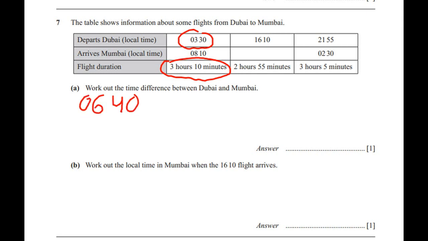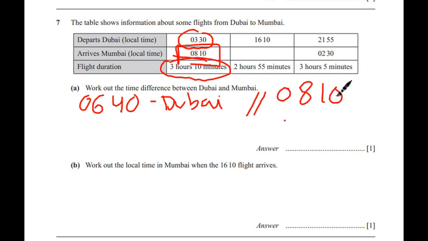So this is the local time in Dubai when the flight arrives at Mumbai. Now the time in Mumbai corresponding to this time is 0810. Just find the difference between the two times to get the answer. So this will be 1 hour and 30 minutes.